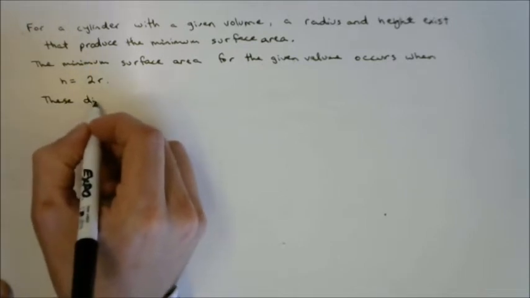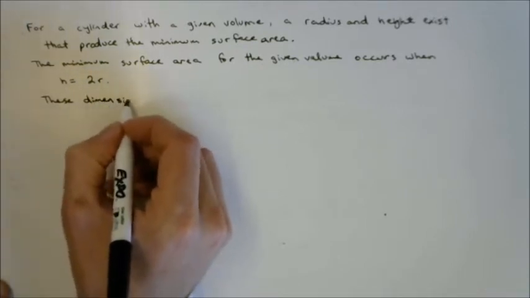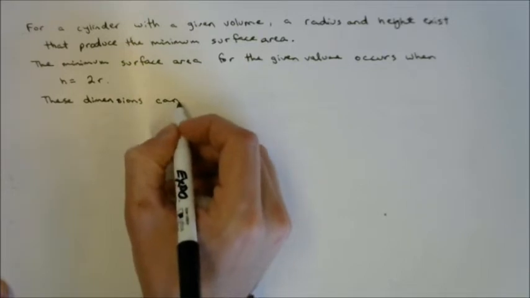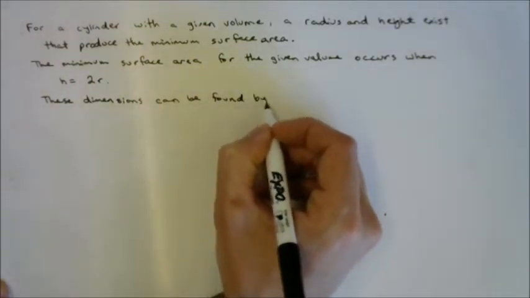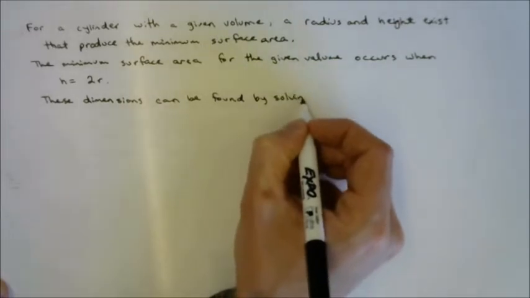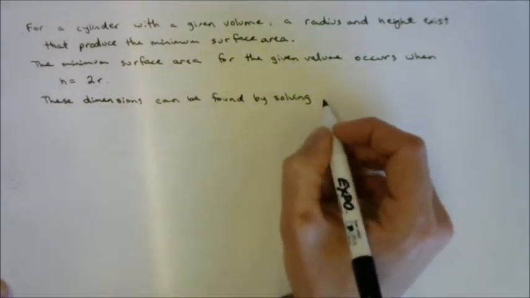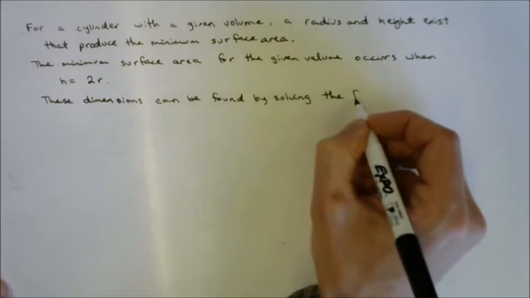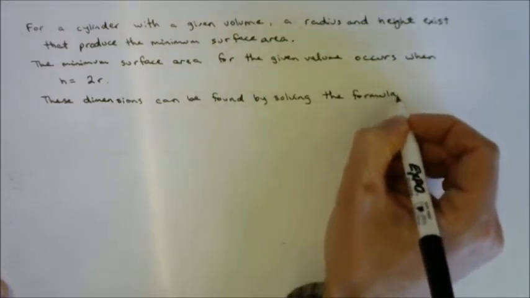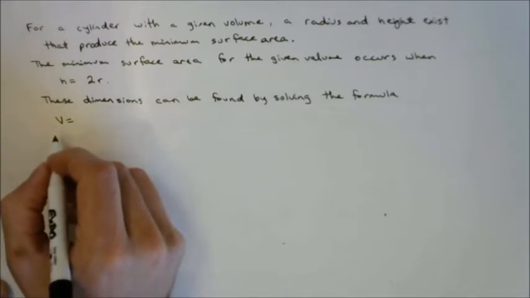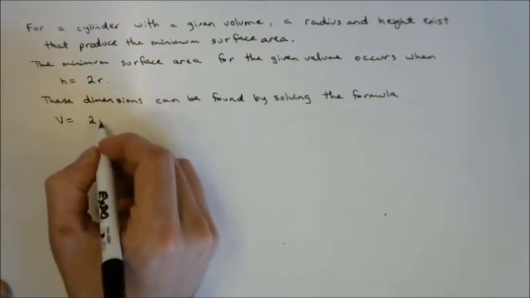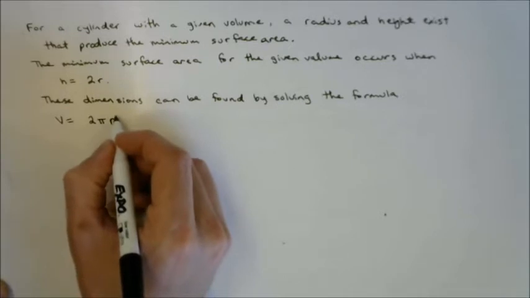These dimensions, H and R, can be found by solving the formula V, because we're given the volume, so we're going to use the volume formula. V equals 2 pi R cubed.